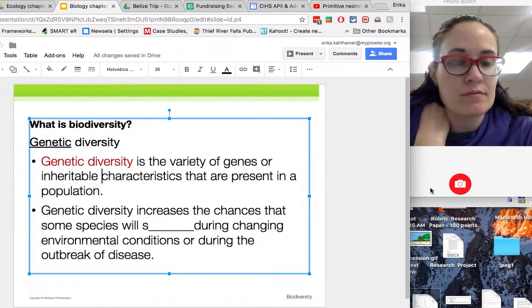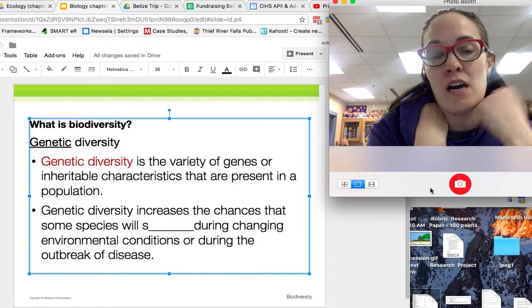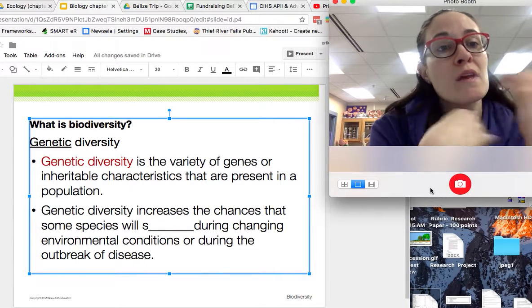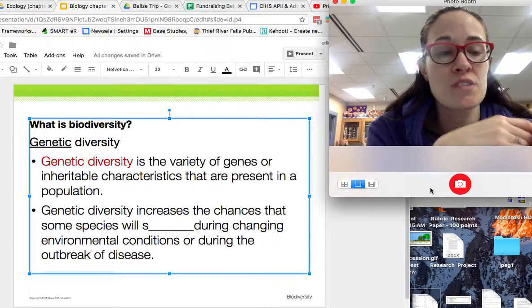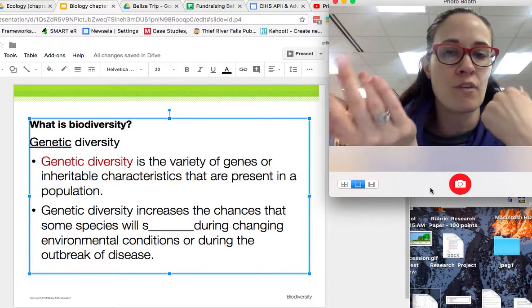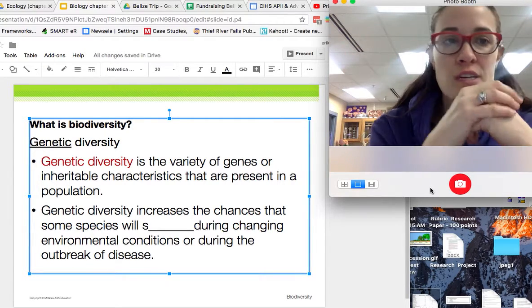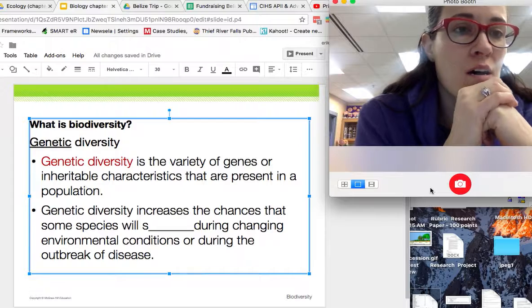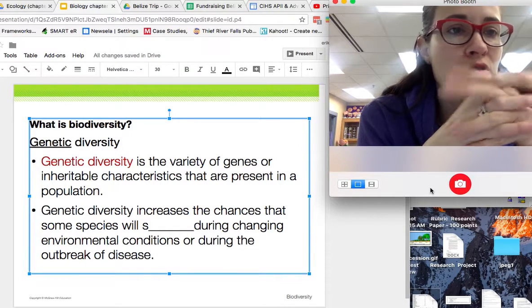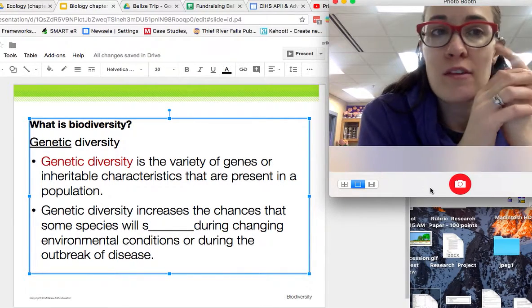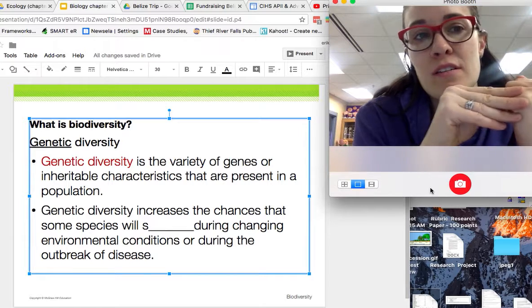So if we're talking human genetic diversity, Minneapolis would have more genetic diversity compared to Thief River Falls. There's just more genes available. It's a more diverse group of people, so there's more genes that are available in that population to be passed around.